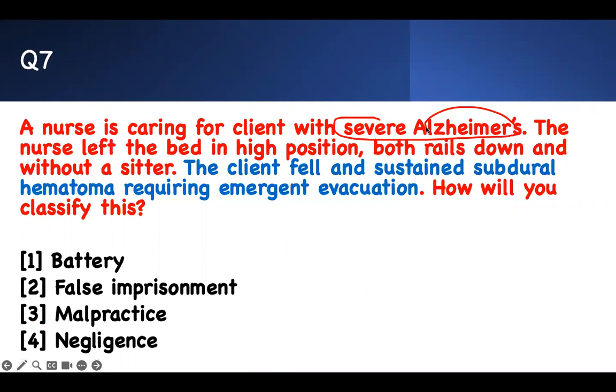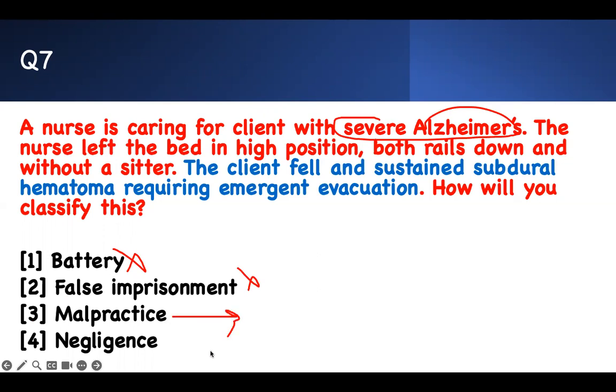Basically, you have a patient with severe dementia, okay? Alzheimer's, bad. And you left him with the bed up, nobody there, all the side rails down, he fell, bad injury. What do you think? You never touched the patient, it can be bad. You never forced imprisonment. You don't put them in a place that they don't want to be.